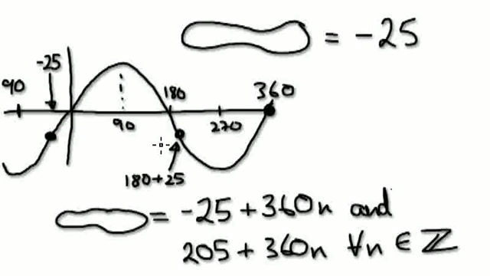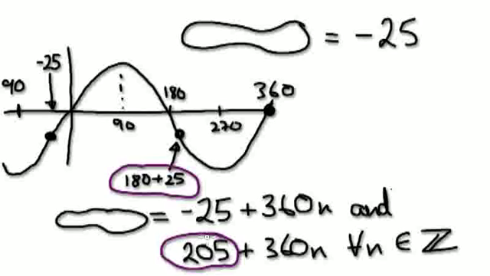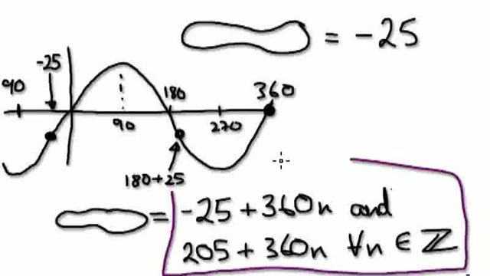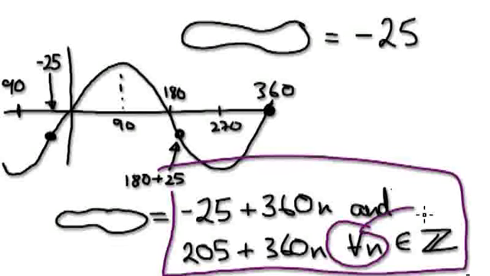Well, again, use whichever method you want. So 180 plus 25 gives you 205. So again, add multiples of 360. So overall, our bubble here equals this whole thing here for all n belonging to the set of integers.